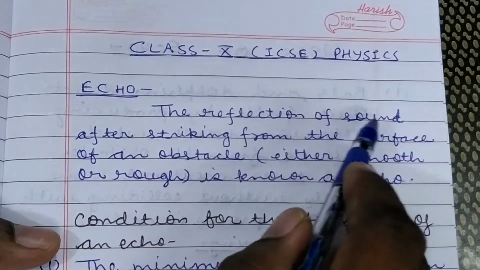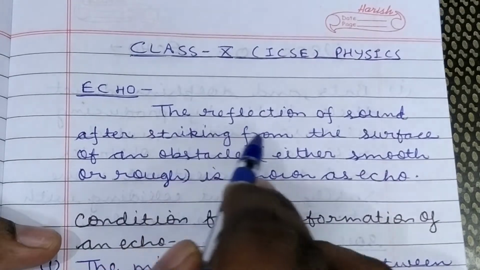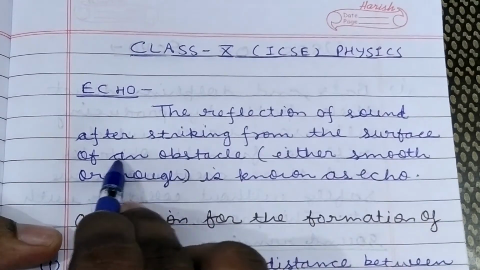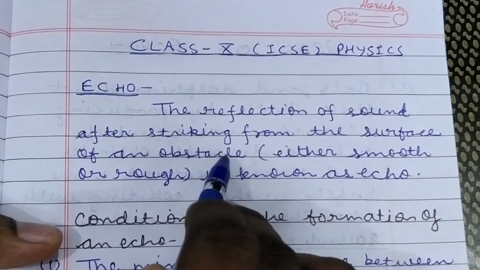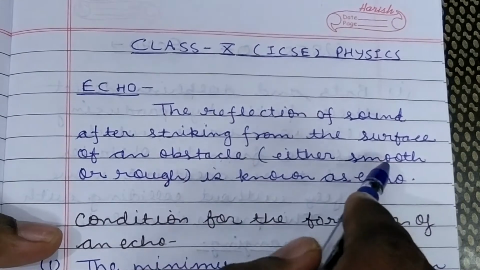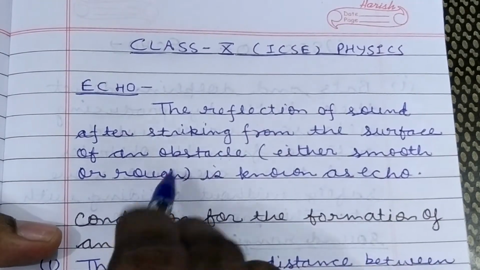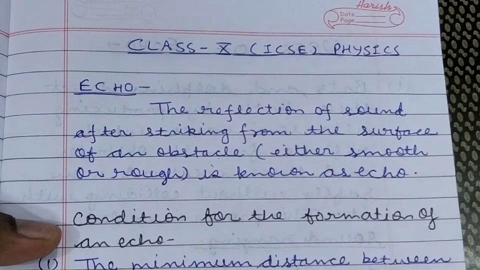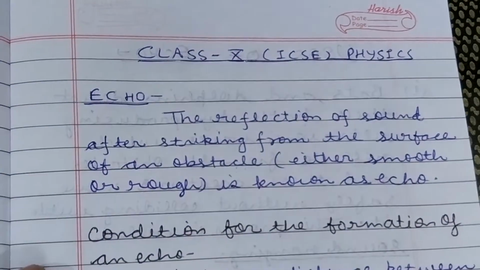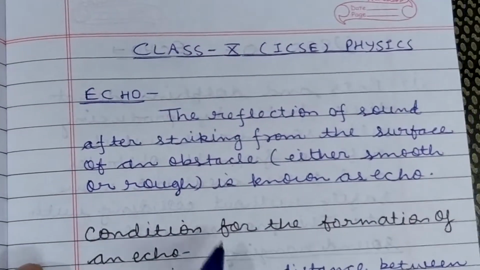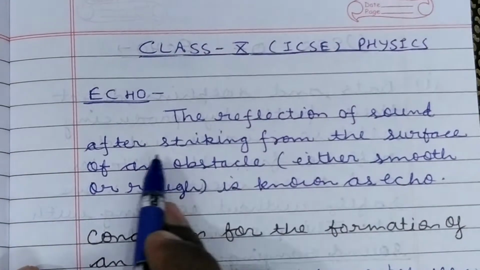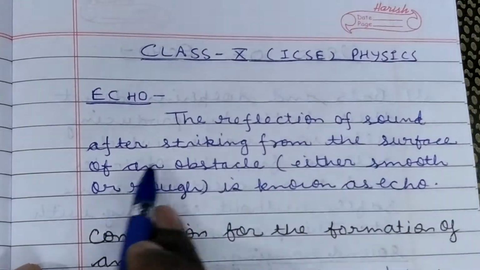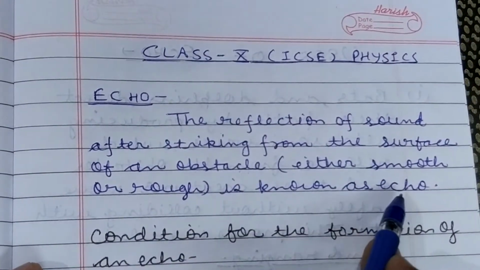The reflection of sound after striking the surface of an obstacle, which may be smooth or rough, is known as an echo. But in the case of light, the surface should be smooth.